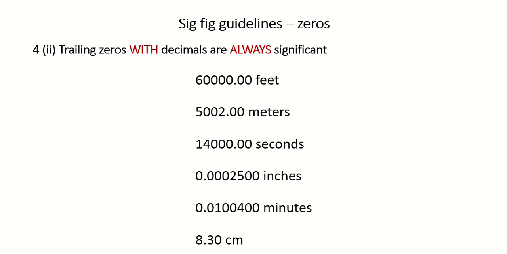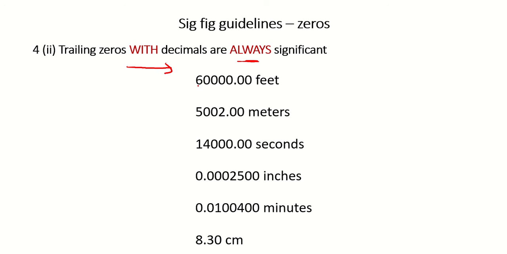The next type of trailing zeros are the ones where you see the decimal points. So when you see the decimal point, they are always significant. And when you see the decimal, you start drawing the arrow from left to right.